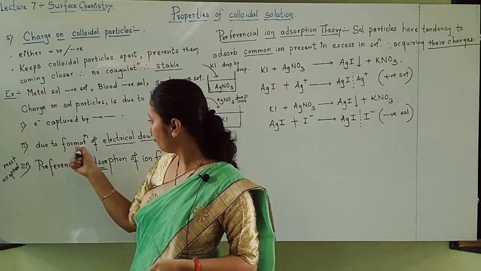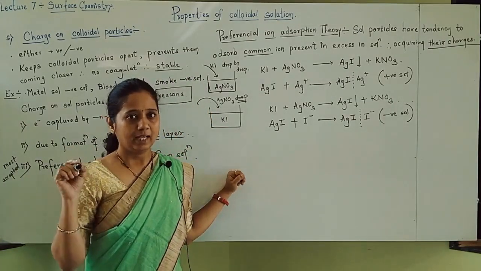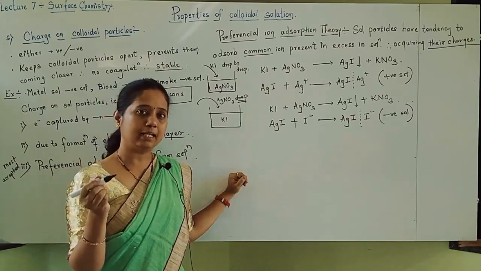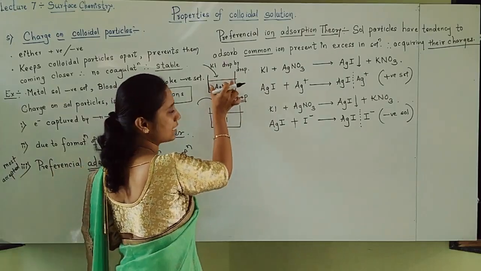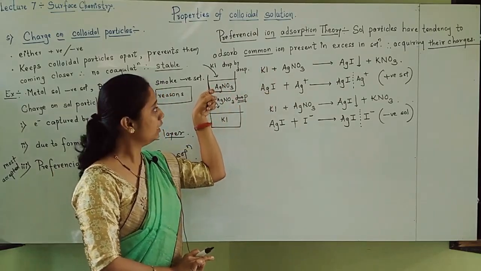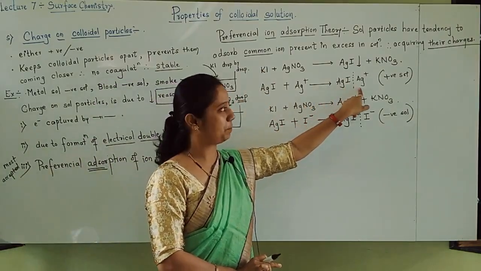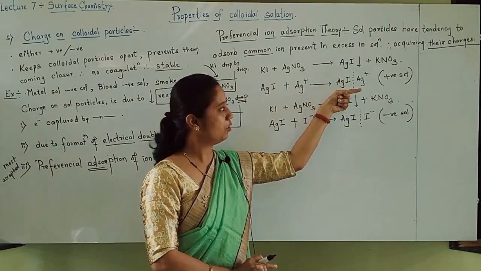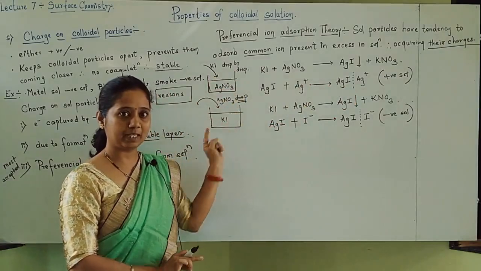Next, explanation I will give for formation of electrical double layer. Okay, how the electrical double layer forms. Now here, already in the solution, what has formed you understood. This reaction took place in this solution. Now in this solution what is there? AgI, Ag plus adsorbed on AgI, positive sol is formed here, negative sol is formed here.